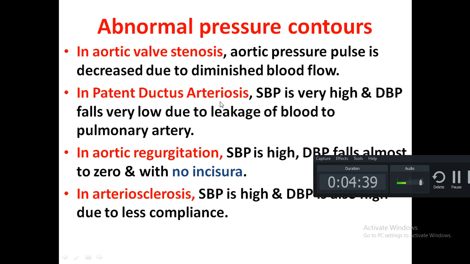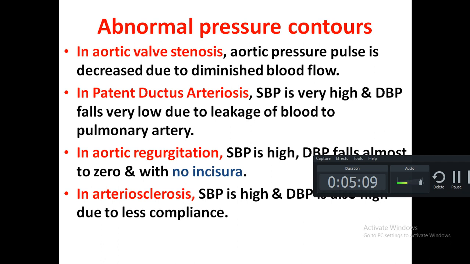Then there is the patent ductus arteriosus. This is a condition in which a channel remains open from the aorta into the pulmonary artery, which was present in intrauterine life, but usually after the birth of the baby, within 2 or 3 weeks, this channel is closed. But in some people this channel remains open, and this will cause leakage of blood from the aorta into the pulmonary artery.